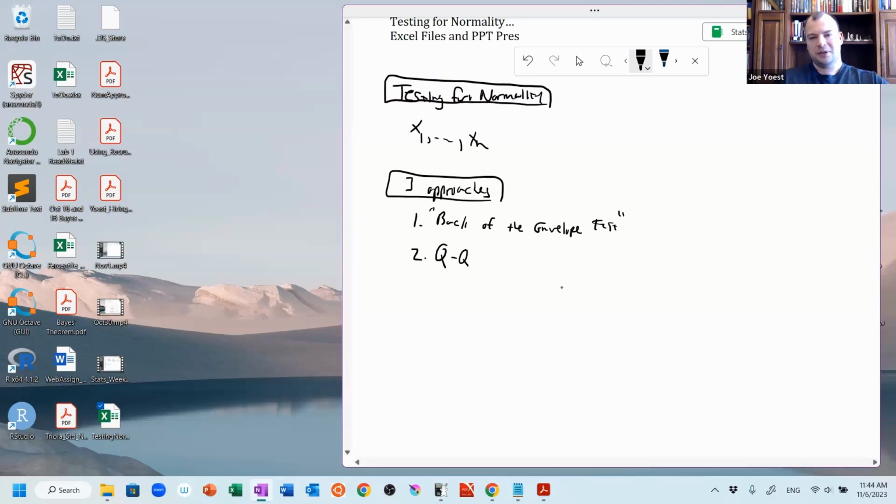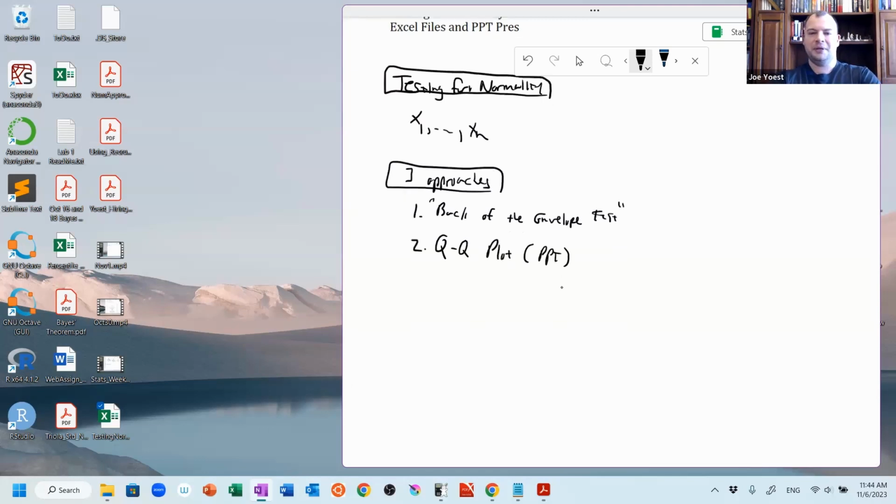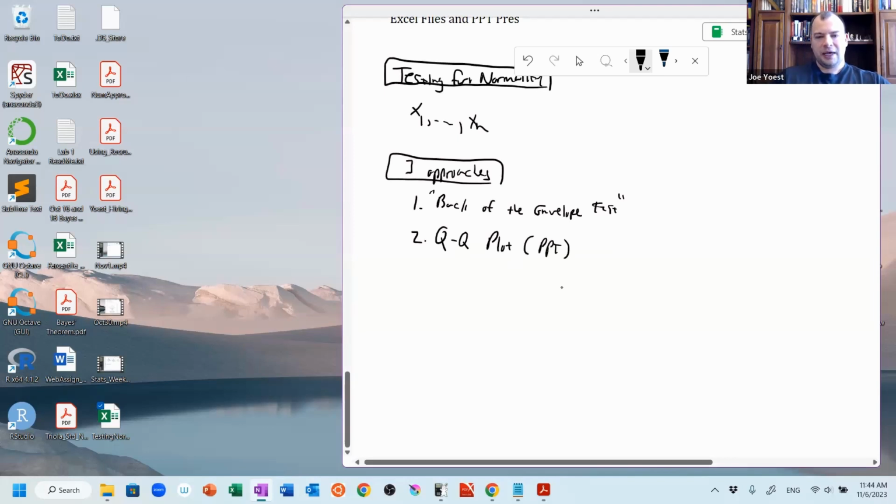Second, I can look at something called the QQ plot. And this is what we'll address in the PowerPoint presentation next time. And the third is, well, we have formal tests. So we have things like the Kolmogorov-Smirnov test, the Anderson-Darling test.